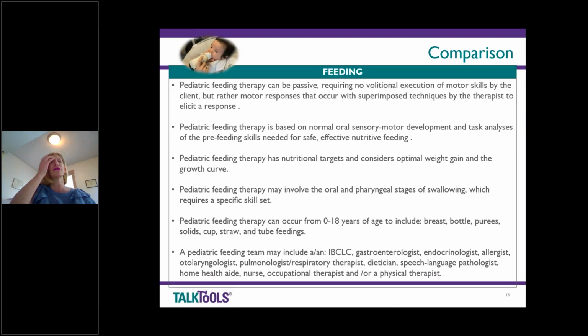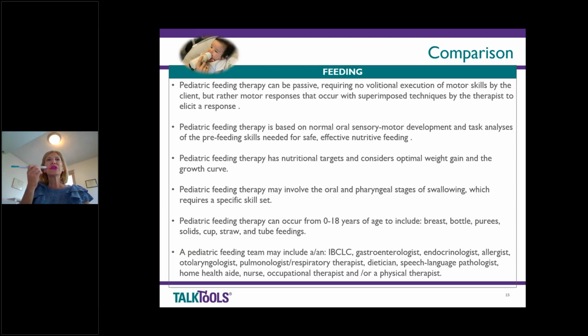So let's make a comparison, okay? In feeding therapy, it can be passive, requiring no volitional execution of motor skills, but rather a motor response that occurs with the superimposed therapy. So for example, if I take my Sensi tool and I put on a chew tip, and depending on the patient's age, it could be a very small one for an infant, it could be a larger one for a child.